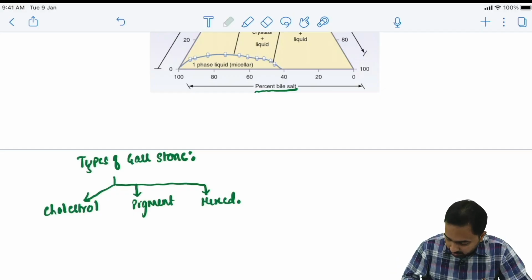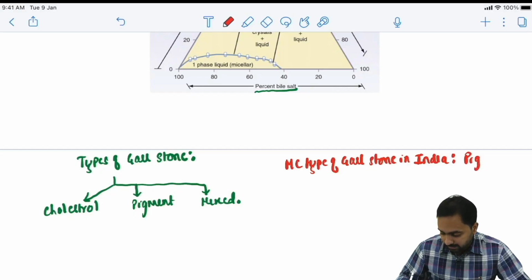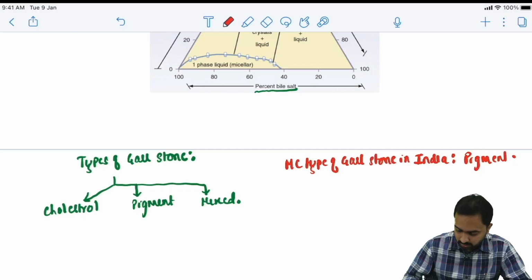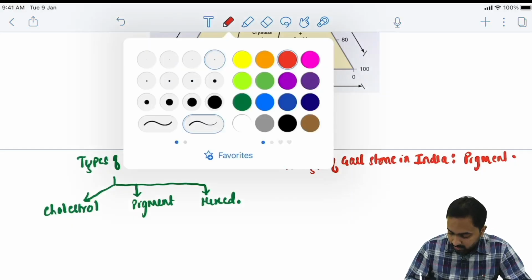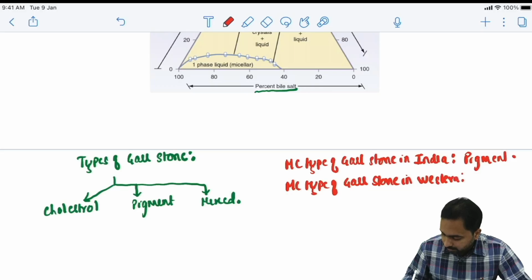Now if you are asked what is the most common type of gallstone in India, your answer should be pigment gallstones. If you are asked what is the most common type of gallstone in the West, it is cholesterol, which could be pure or mixed gallstone.